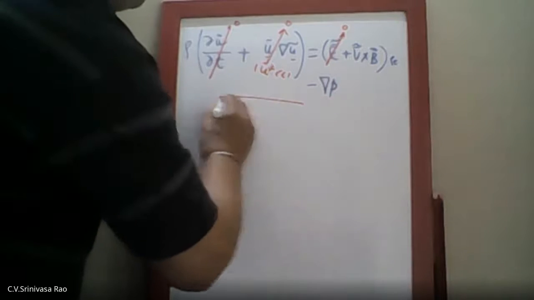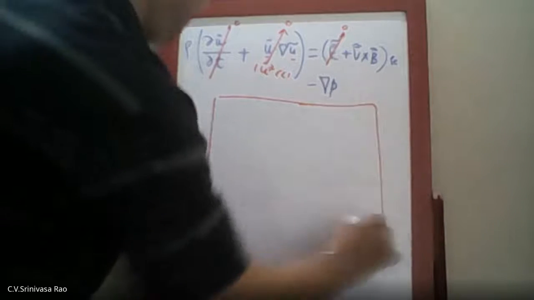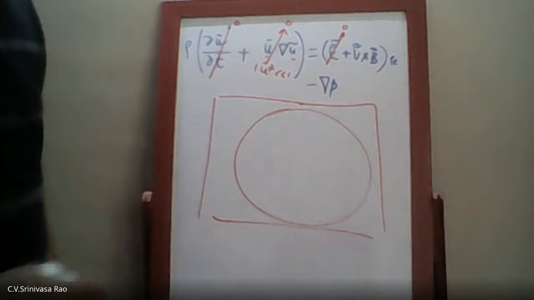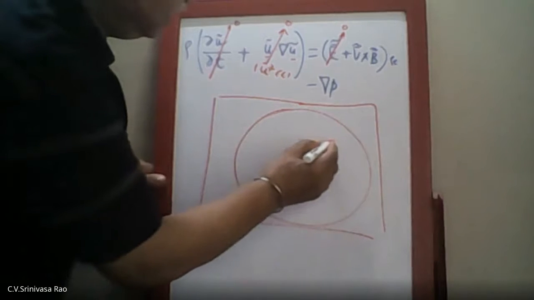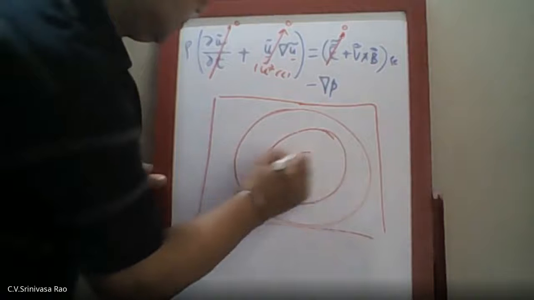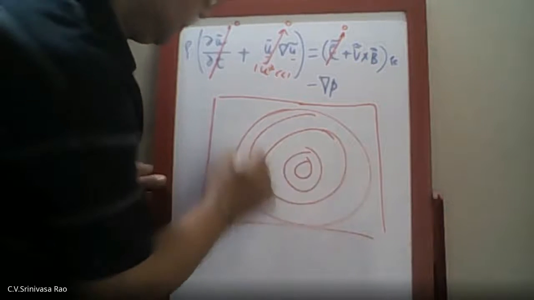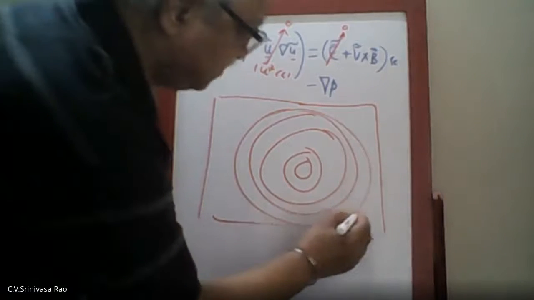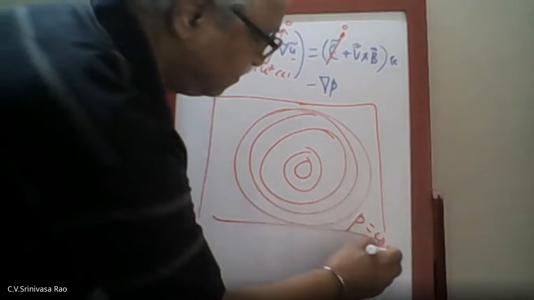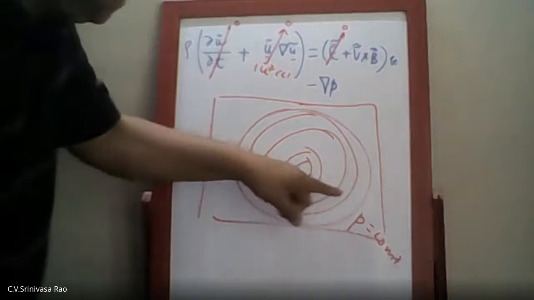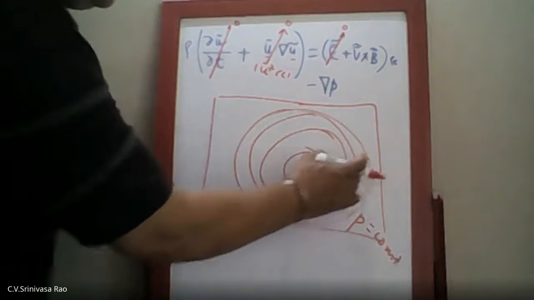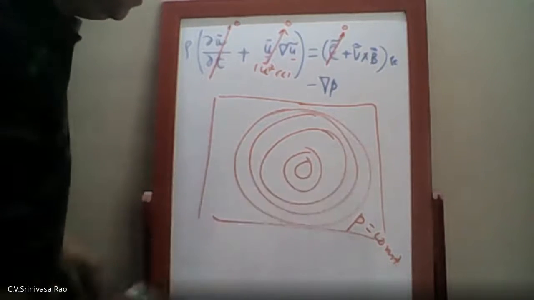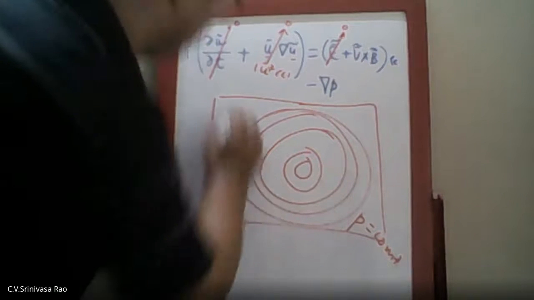If this is the vacuum vessel in which you have formed the plasma, so you have plasma formed this way, what you will have is neat surfaces on which pressure is constant. So all the particles will start moving along, following the field lines. They'll all follow these surfaces. So these are called nested surfaces.